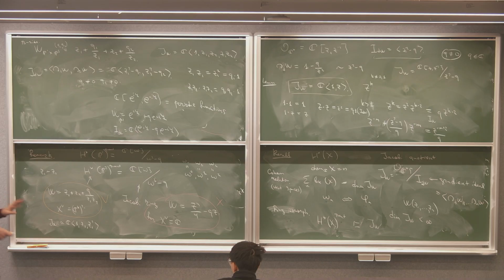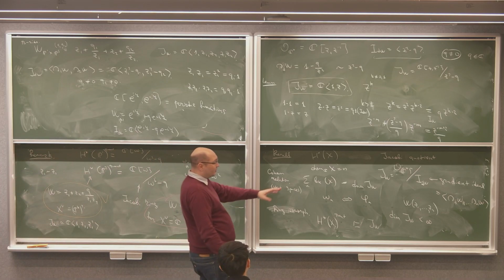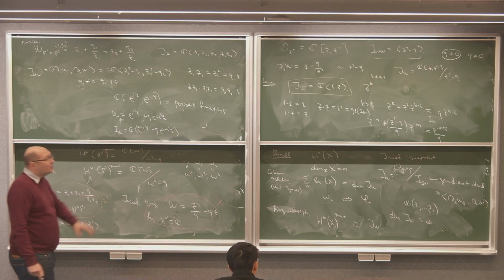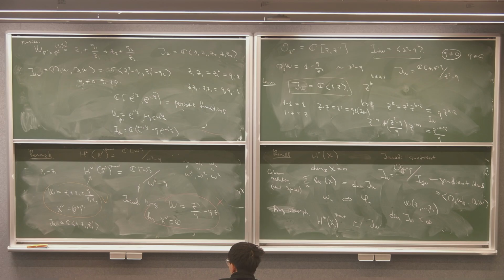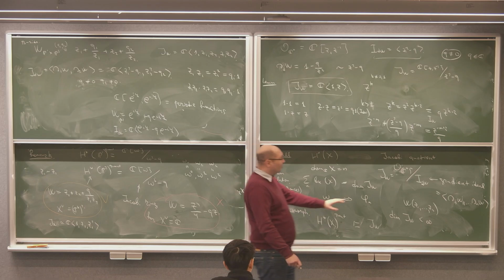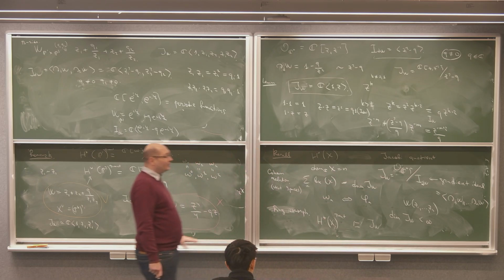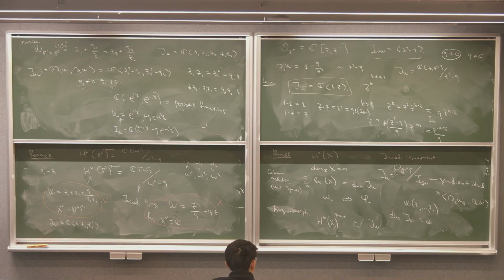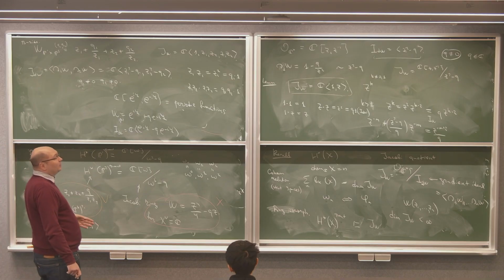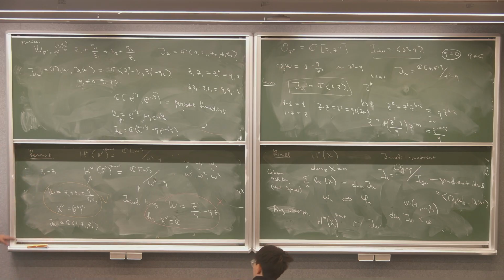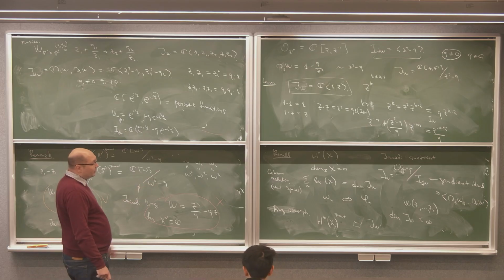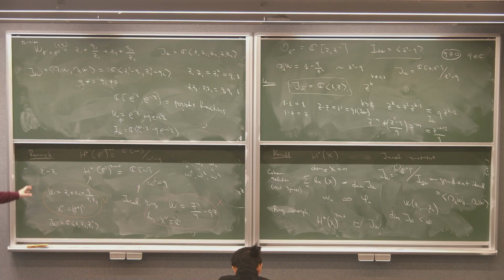There are no complicated periods. Everything is essentially given in terms of the Jacobi ring, and there will be some additional recursive constructions that will allow us to compute Gromov-Witten invariants from Jacobi ring data. That makes the B side extremely simple, and that's the reason why we can use it in all these examples to essentially compute the A side and make some interesting statements about the A side.